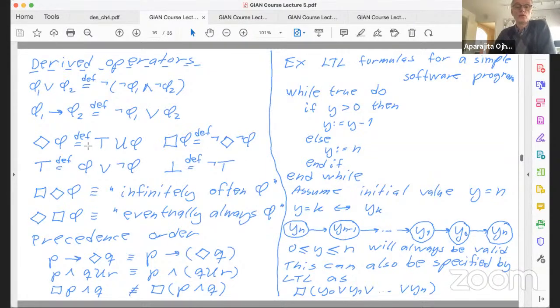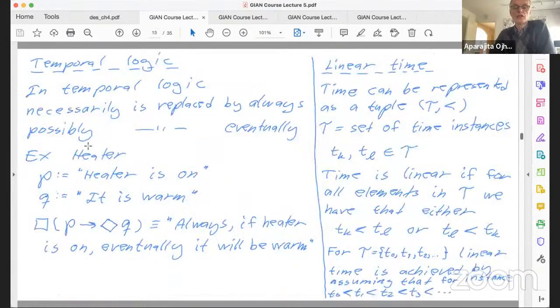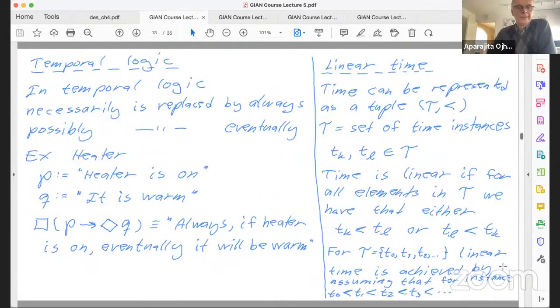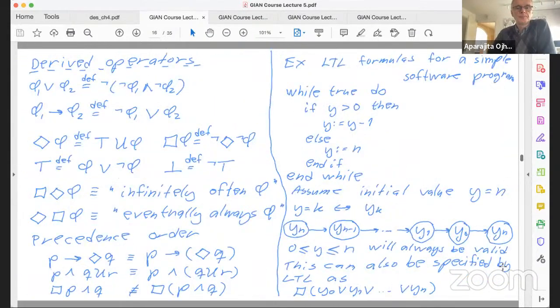And then we can use this relation between the two modalities, that always P is equal to not eventually not P, which was exactly what was written here.